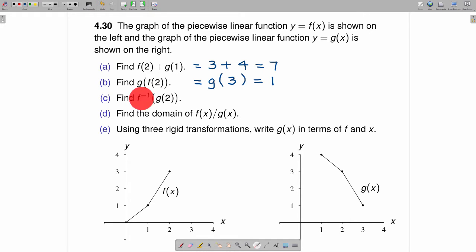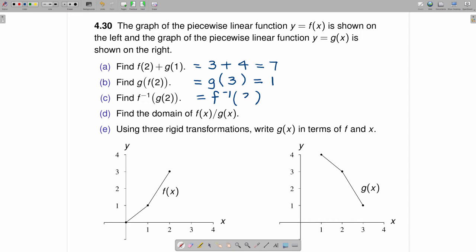Next question, find f inverse of g of 2. So in this particular case, you want f inverse of whatever g of 2 is. To find g of 2, you go to the g of x function, and you plug in x equals 2, and when you do so, you get 3.